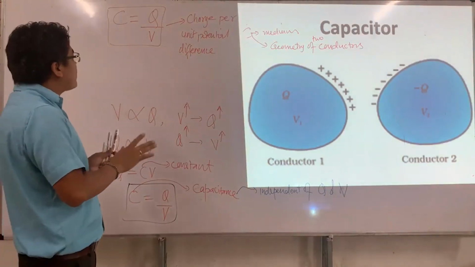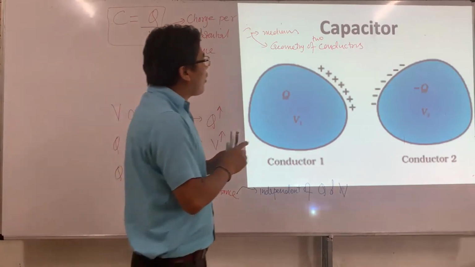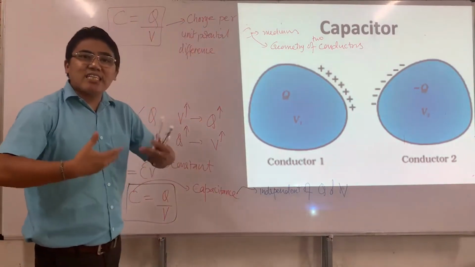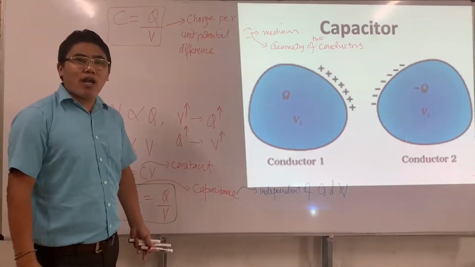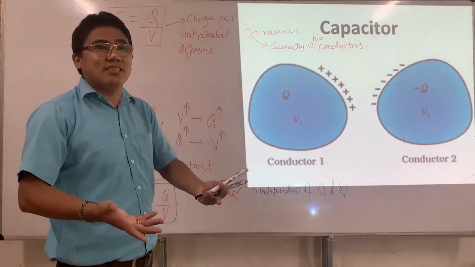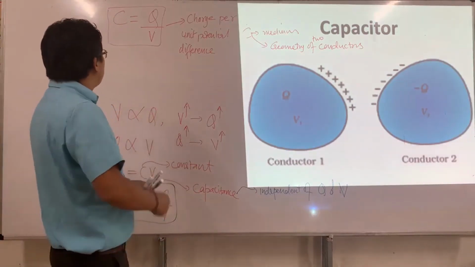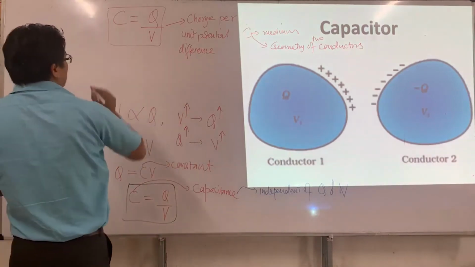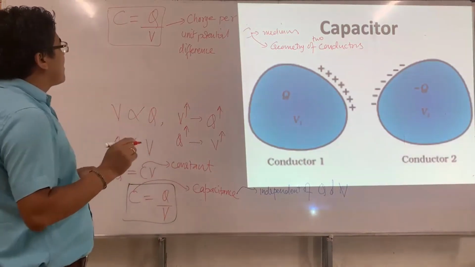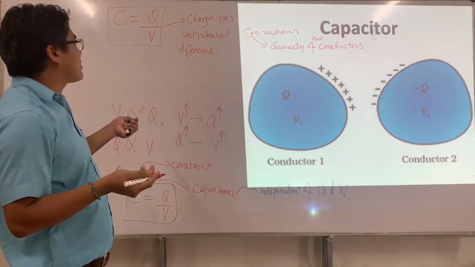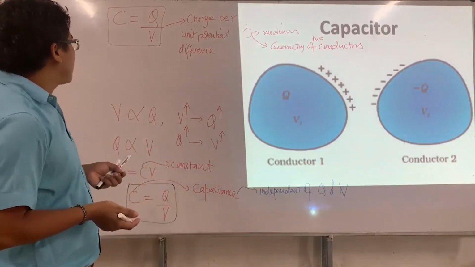Capacitance is a property of capacitors. A capacitor has capacitance. We have done in the lower class that a resistor has resistance. Likewise, a capacitor has capacitance. So capacitance is what we call charge per unit potential difference.